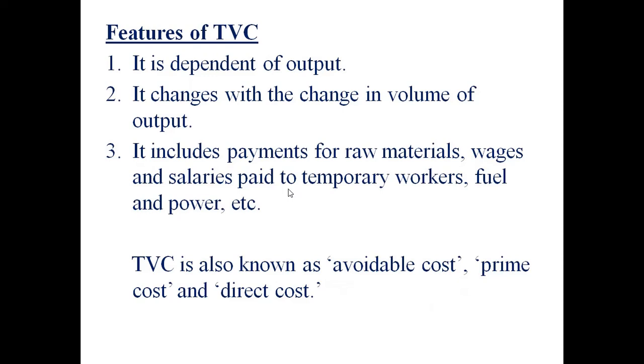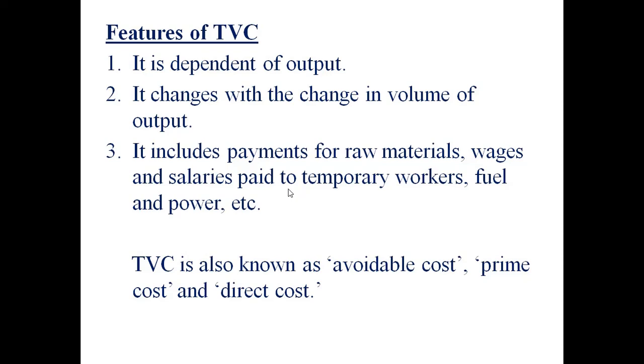Now TVC is also known as avoidable cost or prime cost, as well as direct cost, because it is directly associated with the level of output. This is called avoidable cost because it can be avoided in some circumstances. For example, if there is no demand for a product in the market, then supply can be controlled, isn't it?